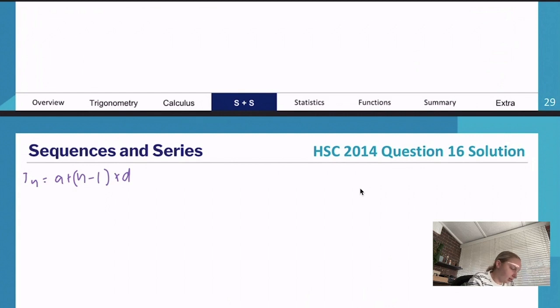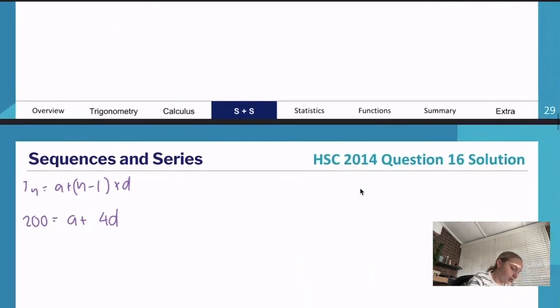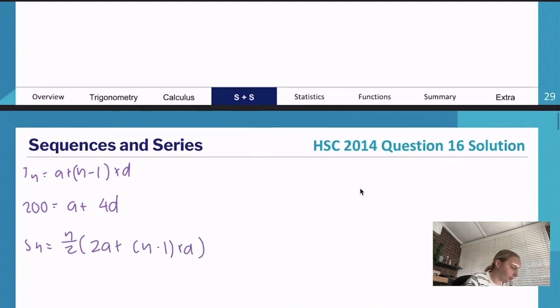So they've given us that the fifth term is 200, so we're going to get a plus 4d there. And then we've also got Sn equals n on 2, 2a plus (n minus 1) times d.